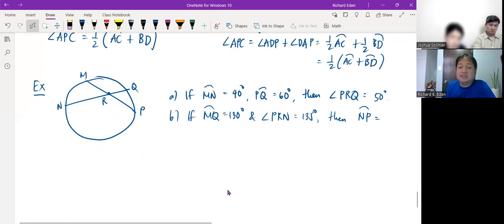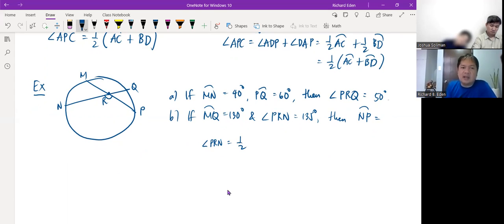But you see that the pieces here in B are the three pieces that make up the theorem. Angle PRN is half of MQ plus NP.